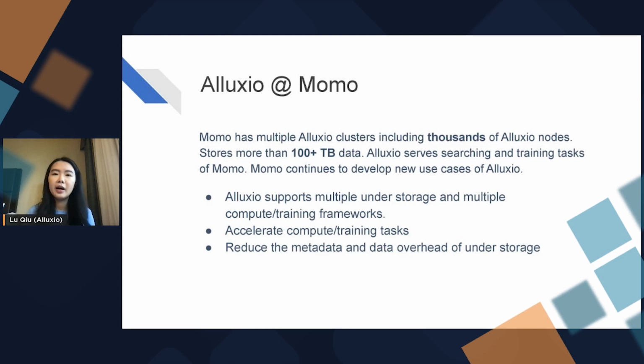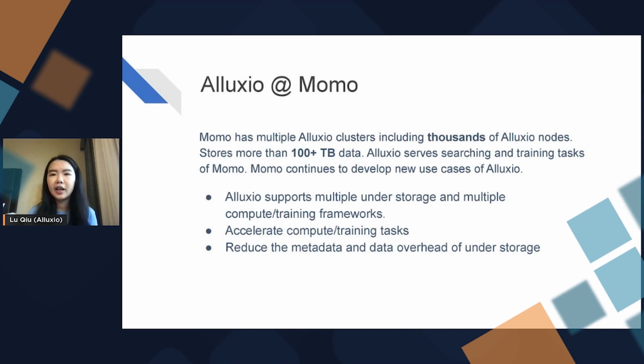So Momo has multiple Elastic clusters, including thousands of Elastic nodes, and storing more than 100 terabytes of data. And Elastic mainly serves the searching and training tasks of Momo. And Momo continues to develop new use cases of Elastic, especially the training use cases. They use us mainly because Elastic supports multiple under storage and multiple compute and training frameworks.